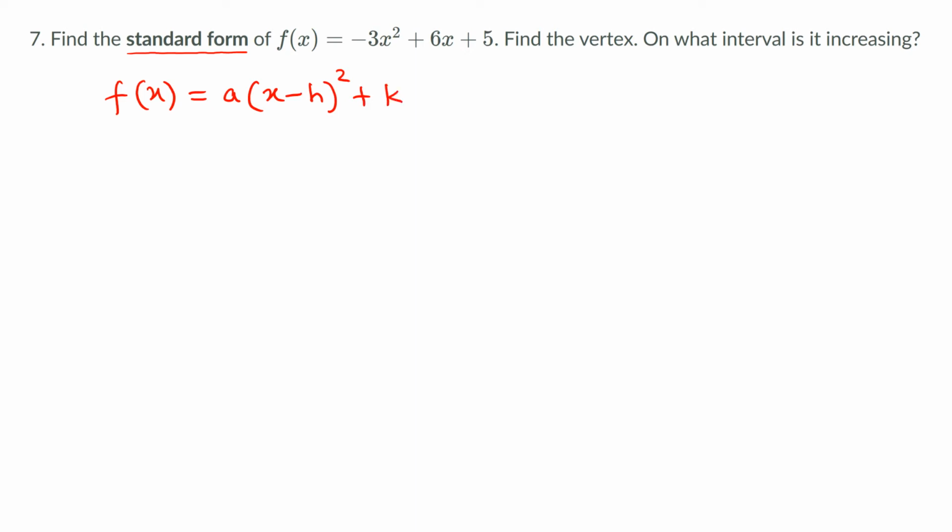This is what we call the standard form. Now the question is, how to rewrite it like that? What we normally do is use the completing the square method.